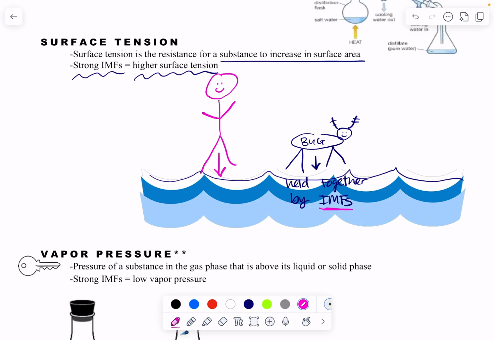So when you break the surface tension, you're not breaking chemical bonds. Instead, you are simply just breaking the intermolecular forces. By definition, intermolecular forces are much weaker than the actual chemical bonds.